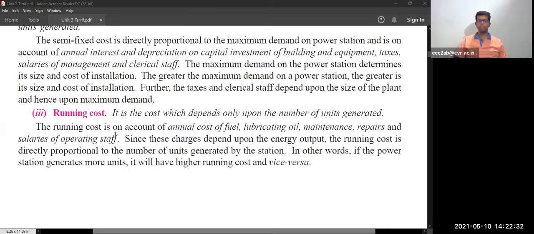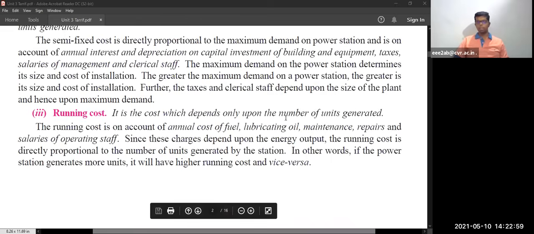Then salaries of the operating staff, like running cost. Like your distribution transformer nearby your streets. Those distribution transformers frequently have to be maintained, per month, checking the viscosity of the oil and the breather in the particular distribution transformer.